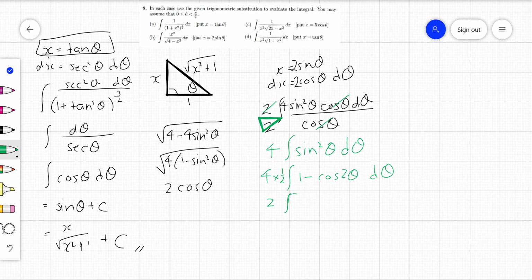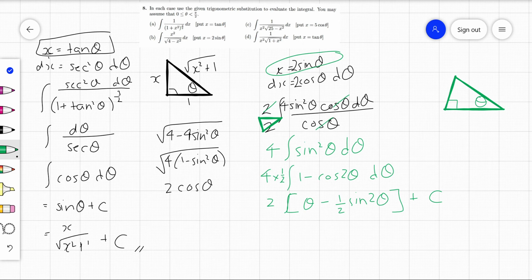So now we have 2 out the front. Let's just integrate straight away. We have theta, cos goes to sine, but we need the half there, plus c because it's an indefinite integral. So again, we need to put that back in terms of x's. If I have a little look at what we did do, we made sine theta be x on 2.